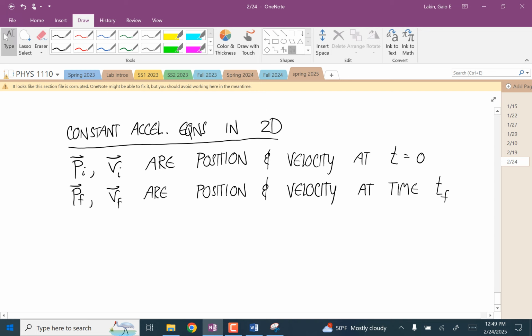And then, like I was saying a few minutes ago, anytime you see an X subscript, X subscripts mean X components of vectors.